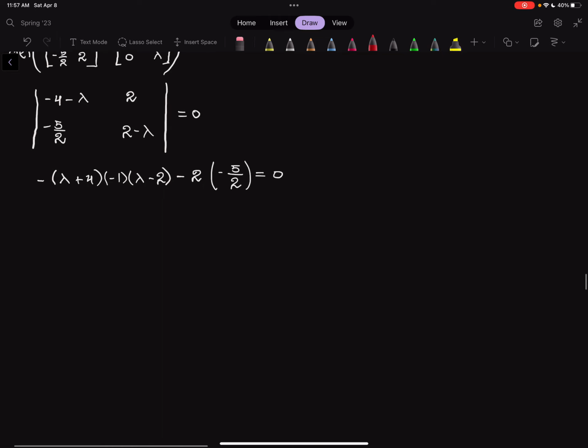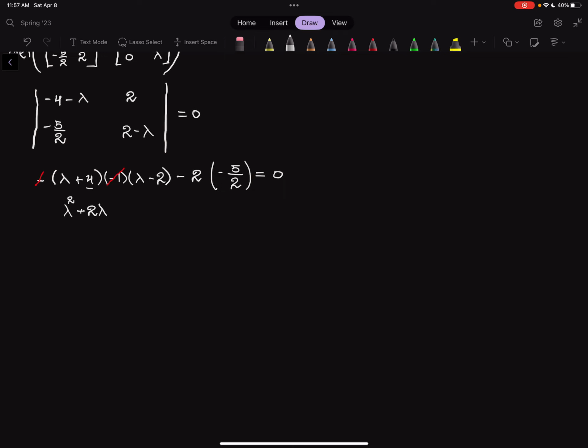And that has to be equal to 0. The first thing I notice is that this negative and this negative cancel out. Then I can expand this, and knowing the pattern, I know this is going to be lambda squared, then the sum of these multiplied by lambda. What is the sum of 4 minus 2? That's going to be 2 multiplied by lambda.